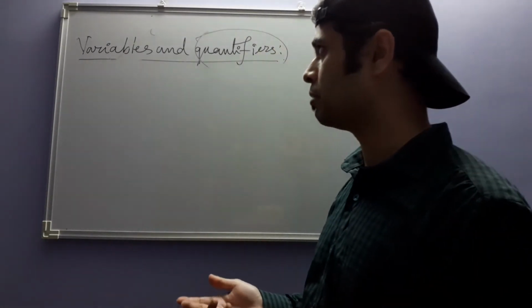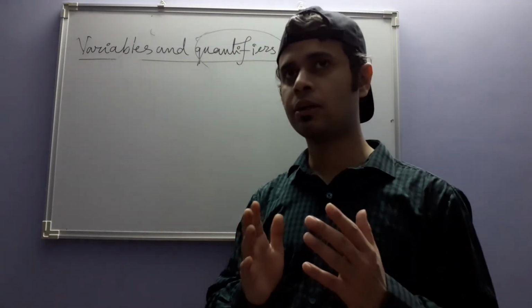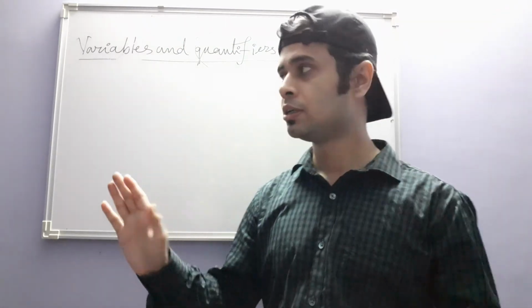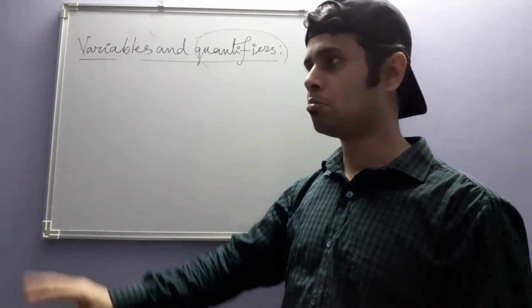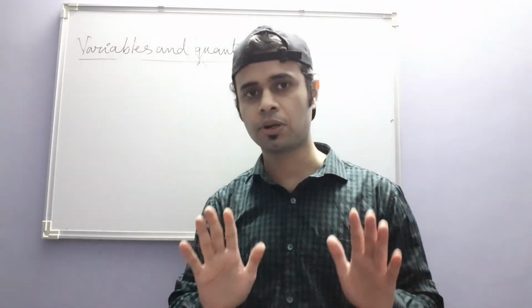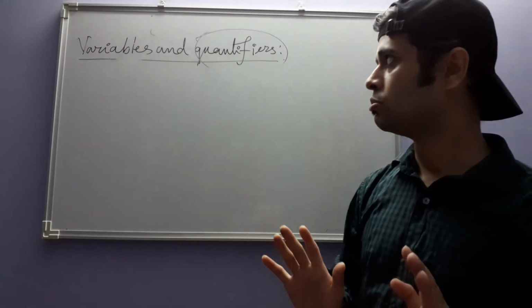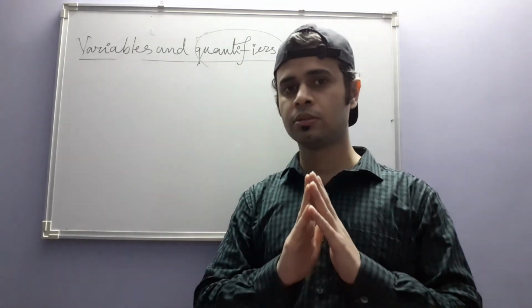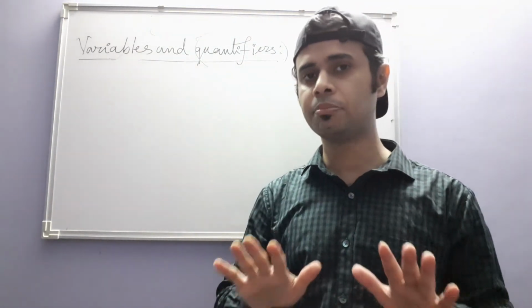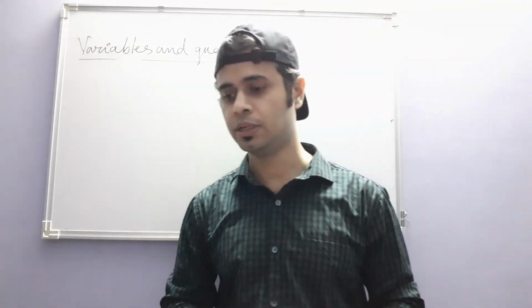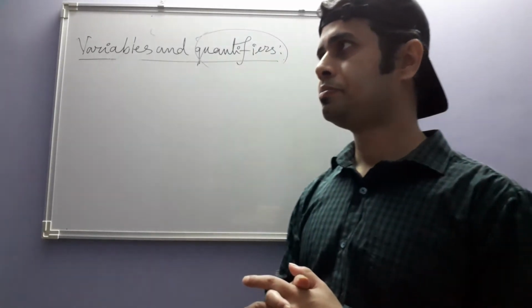So those things will come. The point here is that logic is extremely vast. What we have discussed here is the most elementary part of logic that we all need to make sense of mathematical statements. This is the bare minimum that we need.